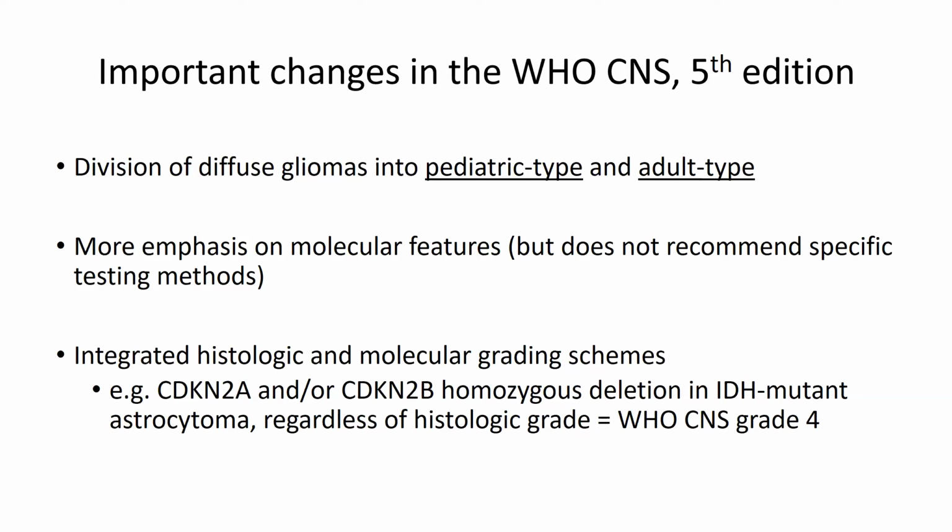There are now a number of entities that are recognized to occur in younger individuals. That's not to say they can't occur in adults, but they primarily occur in younger individuals and have very different molecular characteristics than adult tumors.